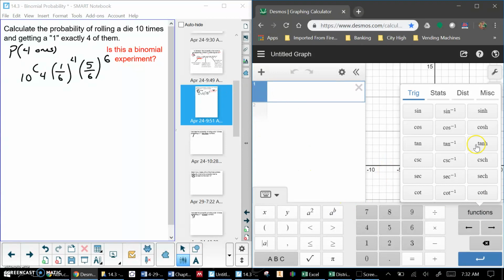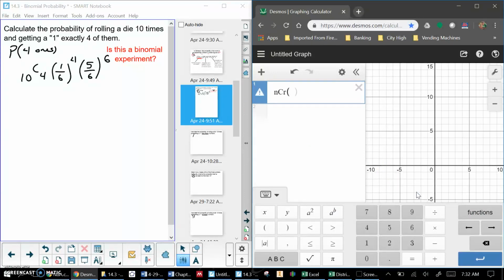On your calculator, that's under your probability menu. I've got mine right here. So nCr 10, 4, and we're going to take that times 1/6 to the 4th times 5/6 to the 6th. And if you can see right there, there's our probability, 0.05426.